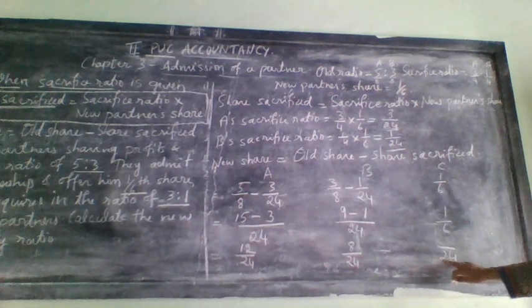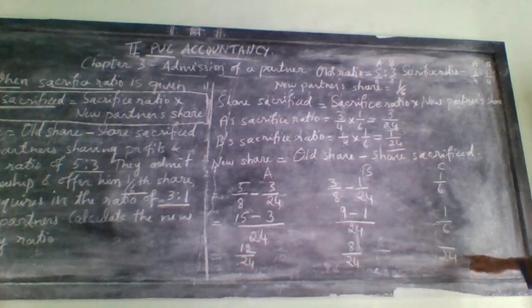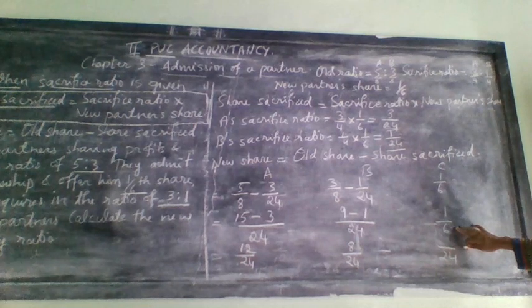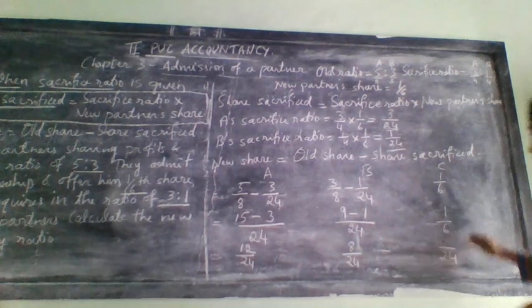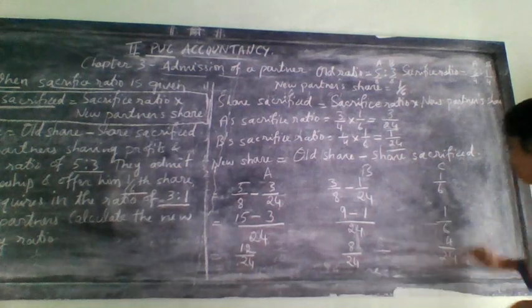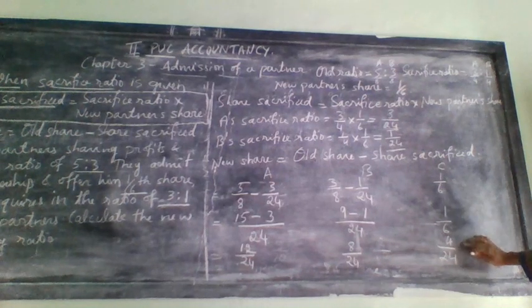So 24. After writing the common denominator, now take your calculator. 24 divided by 6. How much it is? 6 4s are 24 and 4 1s are 4. 24 divided by 6. It will come how much? 4. 4 1s are 4.